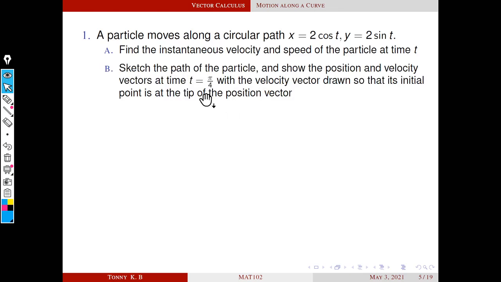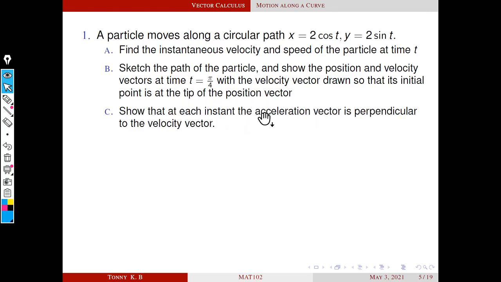Next one, sketch the path of the particle, that means trajectory, and show the position and velocity vectors at time t equal to pi by 4, with the velocity vector drawn so that its initial point is at the tip of the position vector. Last part: show that at each instant the acceleration vector is perpendicular to the velocity vector.